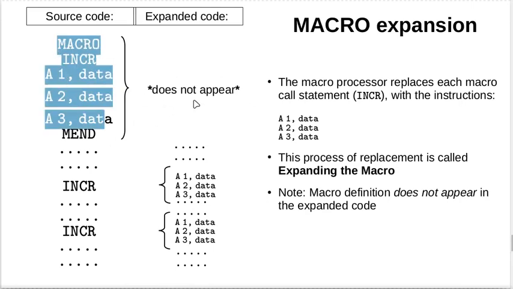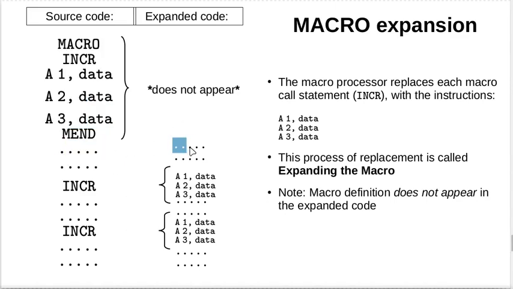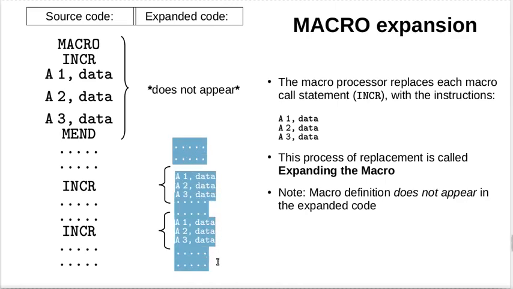Fine. What does the expanded code contain? It contains the original instructions. It contains all the original instructions, and wherever there is a macro call, it contains the sequence of instructions with which the macro is defined, right? So this expanded code is actually similar to our long version of the program, the initial version which we had seen as an example.